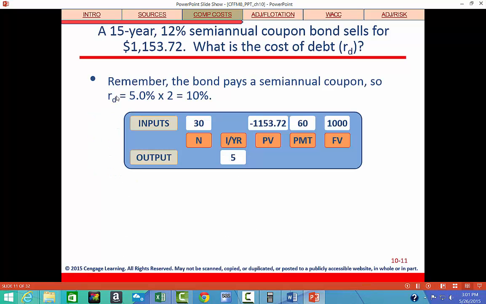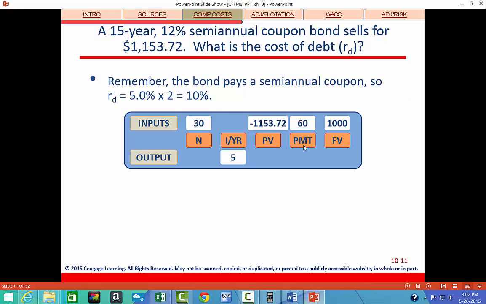So the information that they gave earlier was that if they could issue new bonds, it'd be 15-year, 12% semi-annual bonds that sell for $1,153. So what's the cost of debt? We're just going to plug this information into our financial calculator. If it's a semi-annual bond, then this is 15 times 2 or 30 for N. The present value is the price they gave.